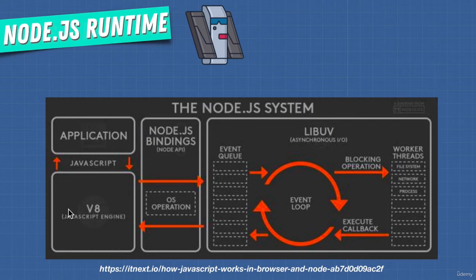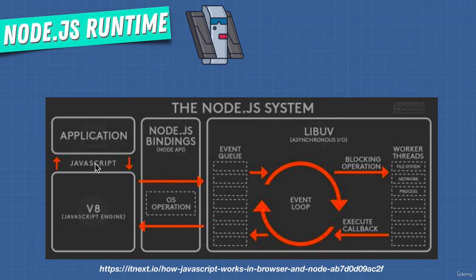But in Node, we can pretty much do most of the things in the background. We can access file systems. We can do all sorts of things. You see, Node.js uses the Google V8 engine to understand the JavaScript, but it uses this libuv library, which works along to create this event loop to extend what we can do in the background.